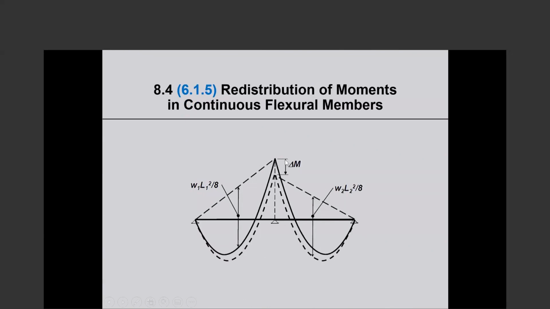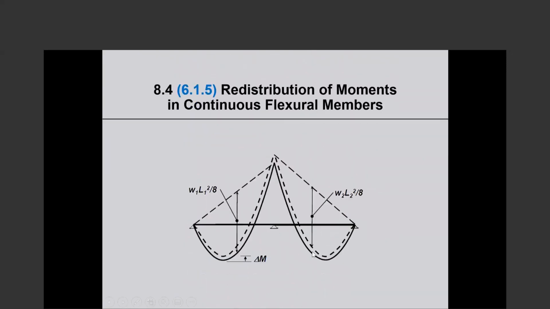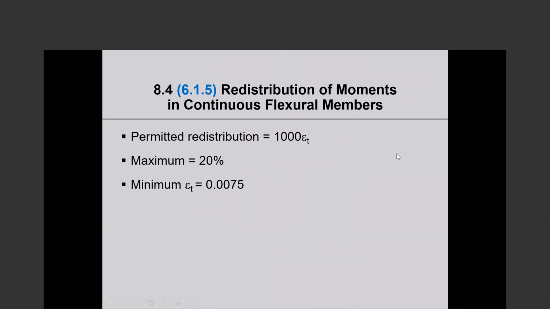Moment redistribution today, you can decrease the negative moment, in which case the positive moments in the spans will increase, or you can decrease the positive moment, in which case the negative moment will increase. Okay, both ways are allowed. As indicated yesterday, permitted redistribution is 1000 times epsilon sub t.